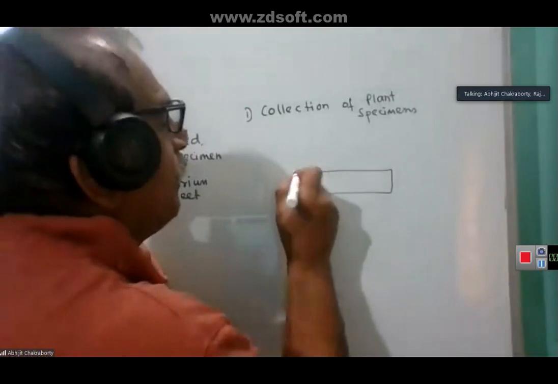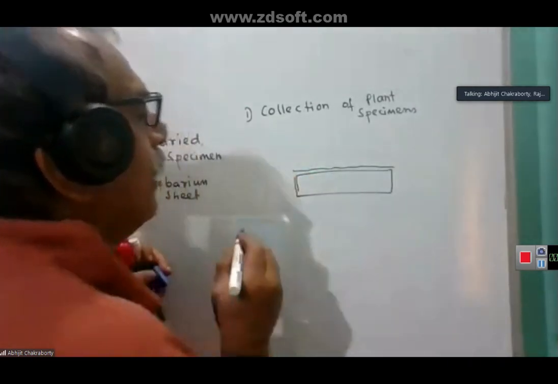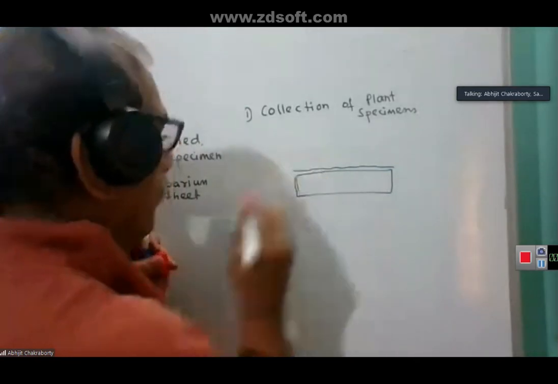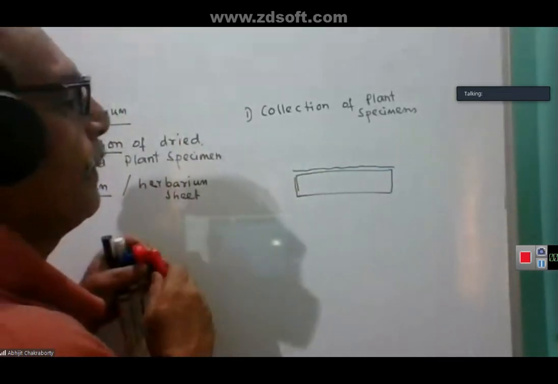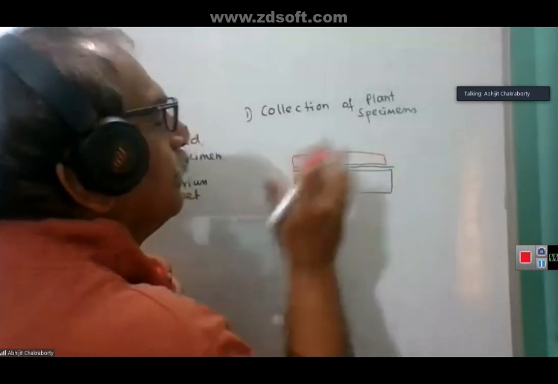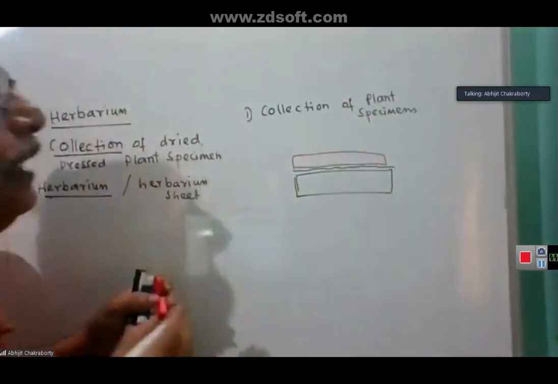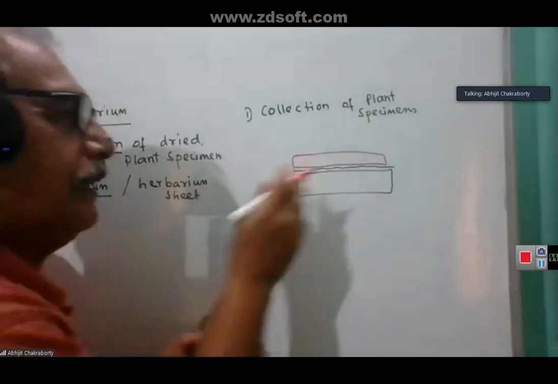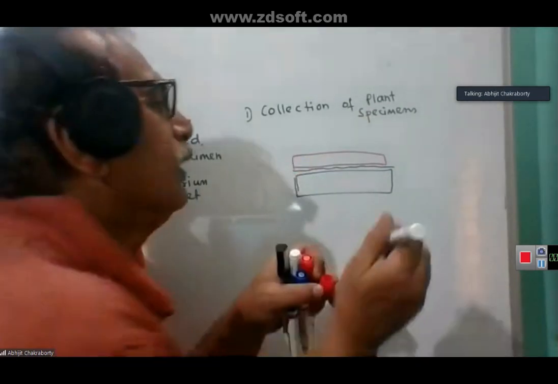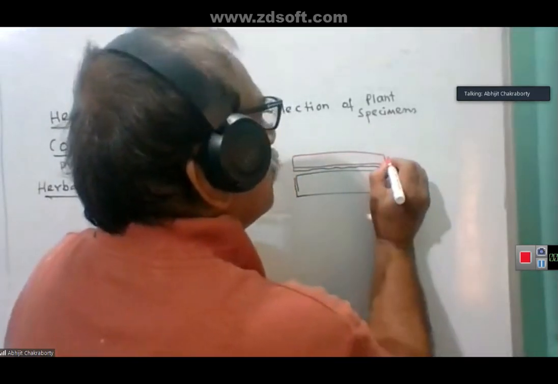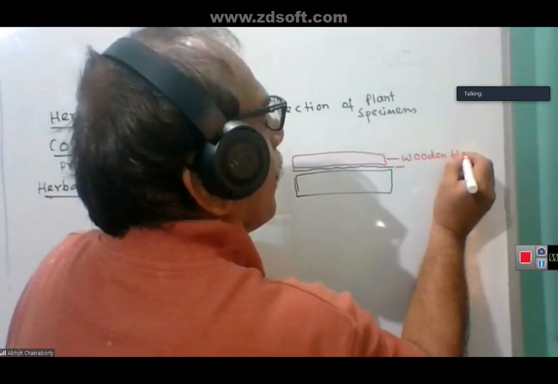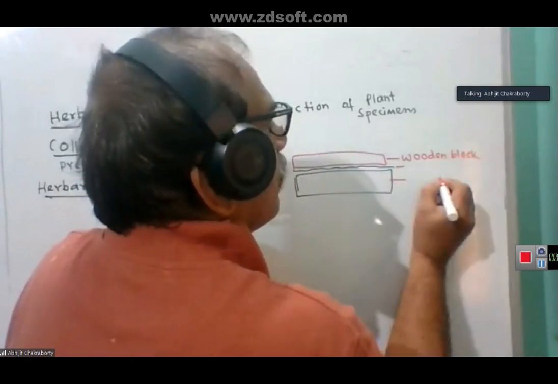Now this is the paper here, and again it is to be pressed by another wooden block. This is how to make herbarium.